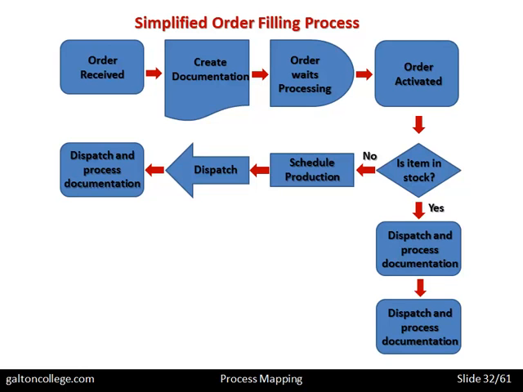Well, it's yes or no. No, it's not in stock. Well, in that case, schedule production, make it. Schedule production, then dispatch it, and dispatch and process documentation. Send out the item to the customer and produce the documentation to bill the customer and ensure that the customer receives the product. Go back to the decision point.